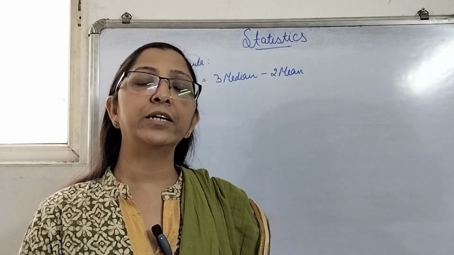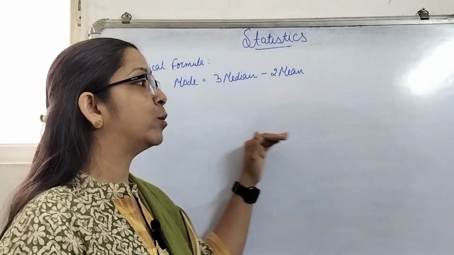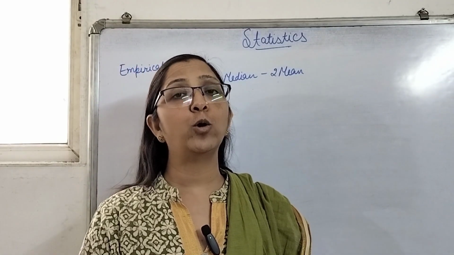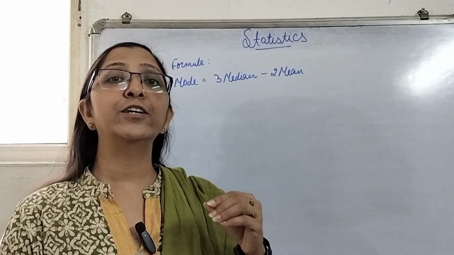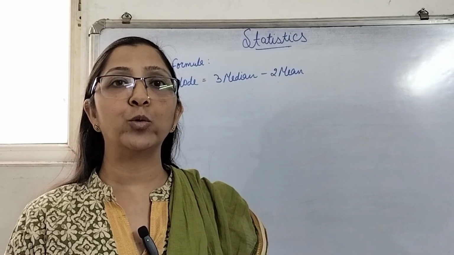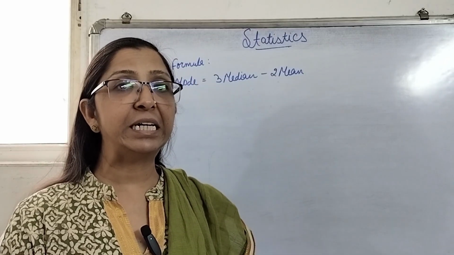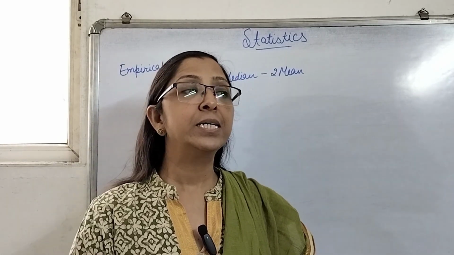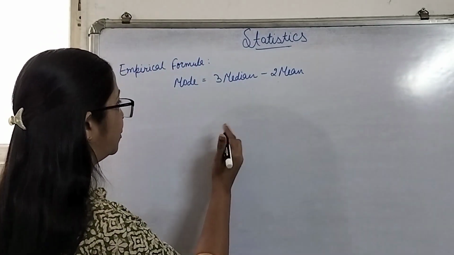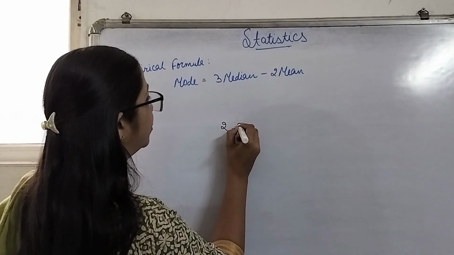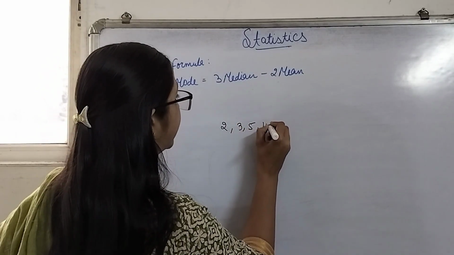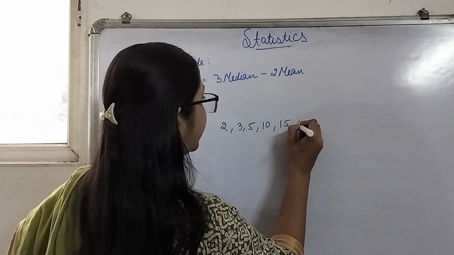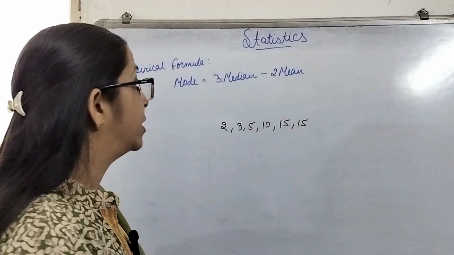Whatsoever the condition is, if all the observations are increased, decreased, multiplied, or divided by a fixed number, then your mean, median, and mode all of them will increase, decrease, be multiplied, or divided by the same number. Say your observations are 2, 3, 5, 10, 15, and one more 15 I am taking. Suppose these are the observations.